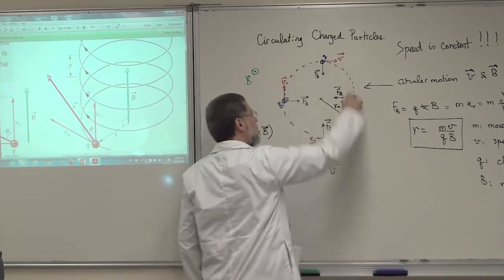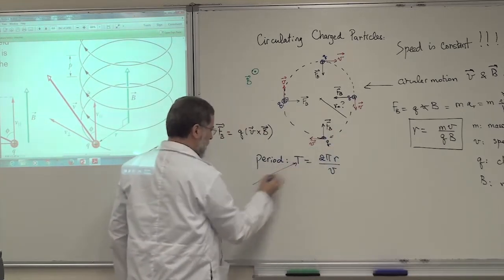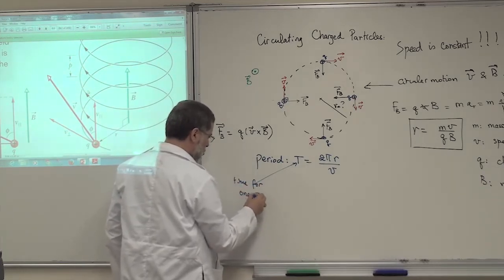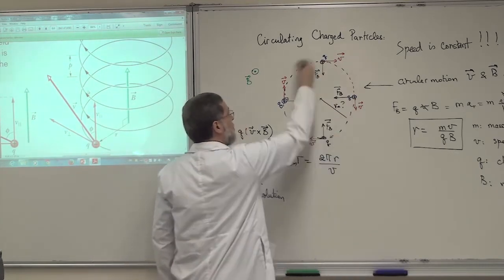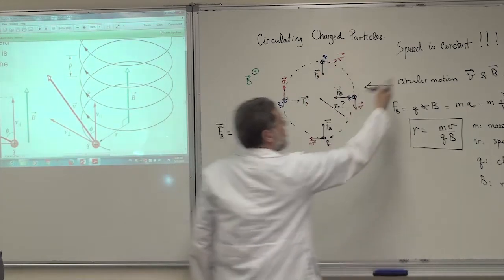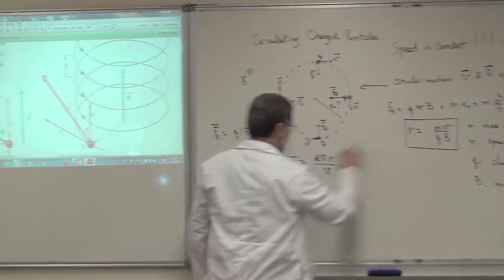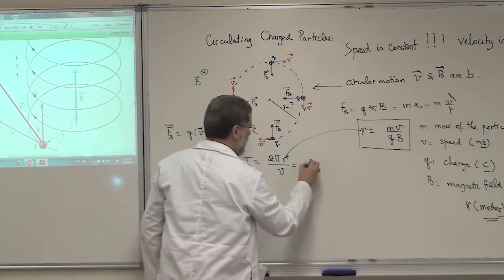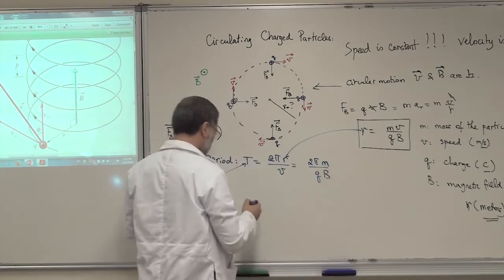The period is the time for one revolution, or one rotation. So from here it comes back to here. We said v is constant, the speed is constant. So if I plug this value of r here, the v and v will cancel, and you end up with 2 pi m over q times b. That's the period of rotation.